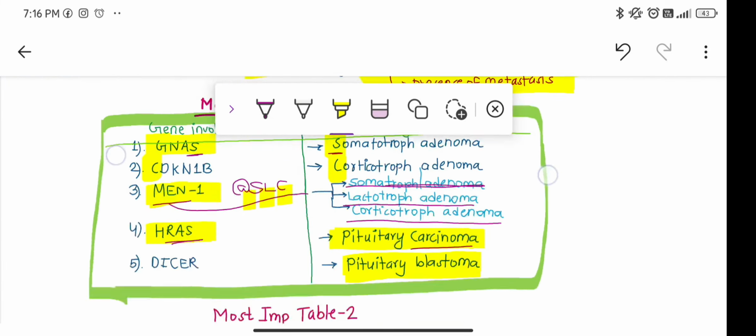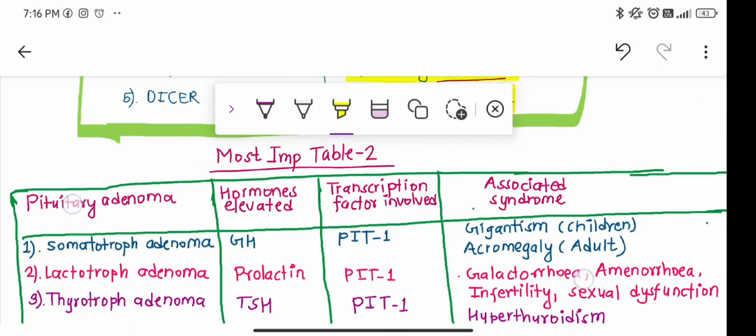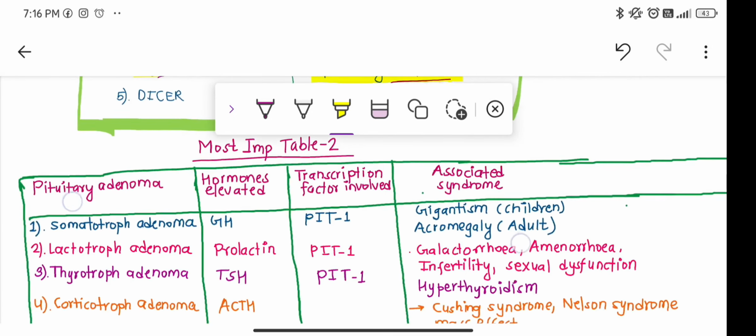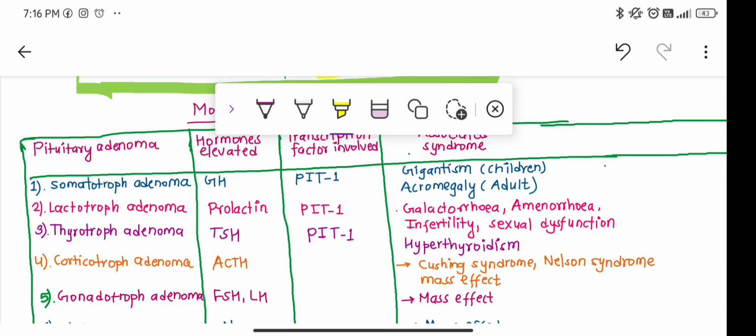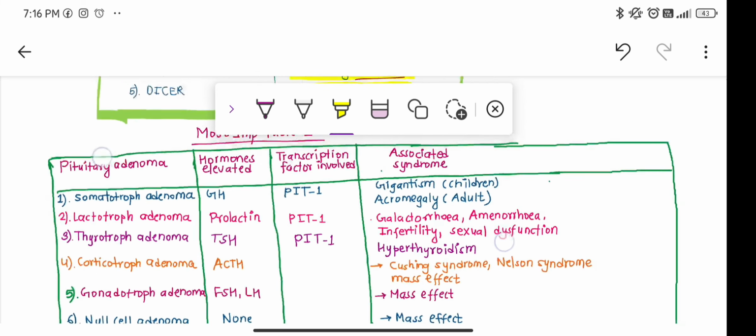Now next is the most important table that will tell us about the clinical features. If this tumor is caused, what are the clinical signs and symptoms the patient will present with? So, the pituitary adenomas, which hormones are elevated in the respective tumors, what is the transcription factor involved, and what are the associated signs and symptoms.